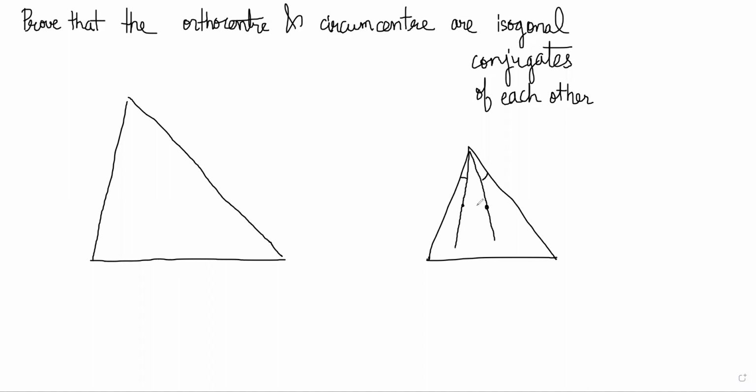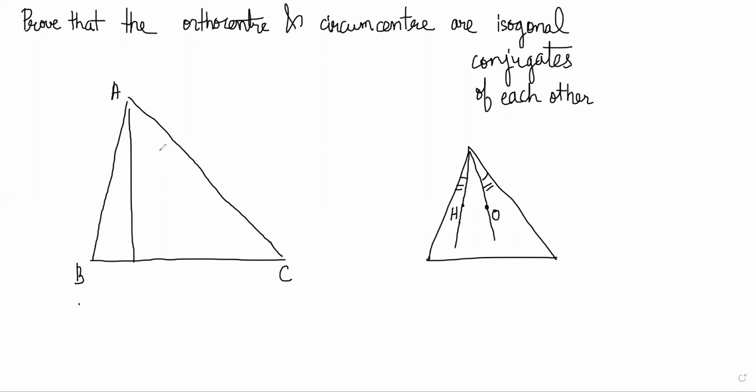So if my orthocenter is here, H, and circumcenter is here, O, then if they are isogonal conjugates, the angle that the line from H to the vertex makes with this side must be equal to this. So let's see in the real figure, A, B, C. Let's draw our orthocenter roughly. The orthocenter will be something like this.